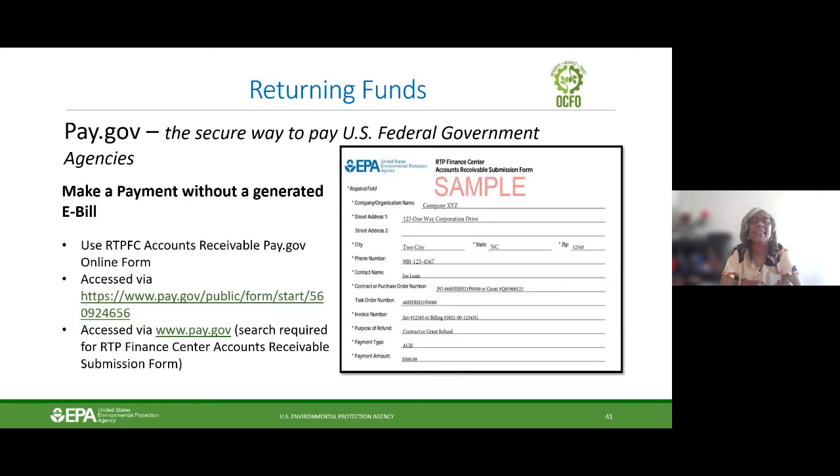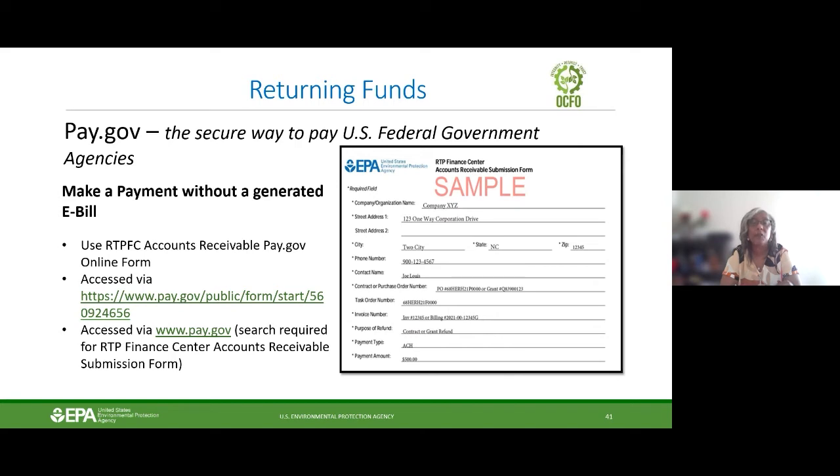Yeah, right there. Thanks. This is an example of what that form would look like if you utilize the link to make the payment. One of the things that we like to make sure that everyone knows, whenever you are making a payment, whether it be through pay.gov or if you're making a check payment, please make sure that you include the grant number.